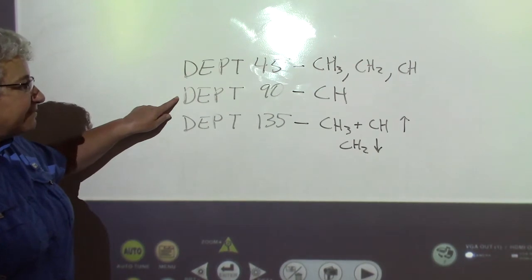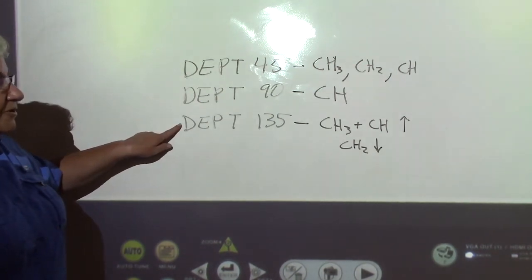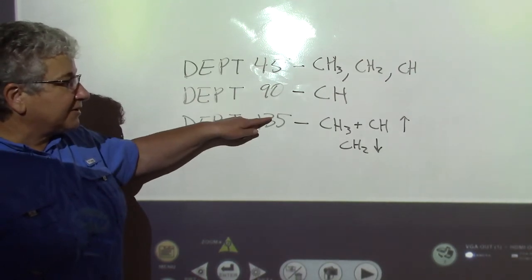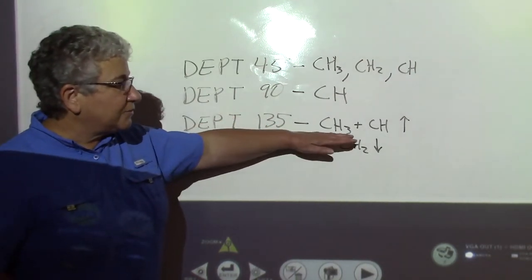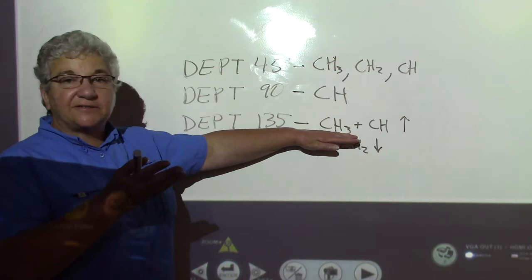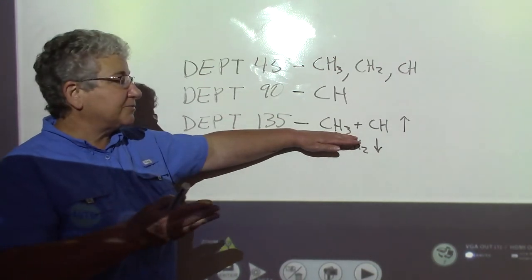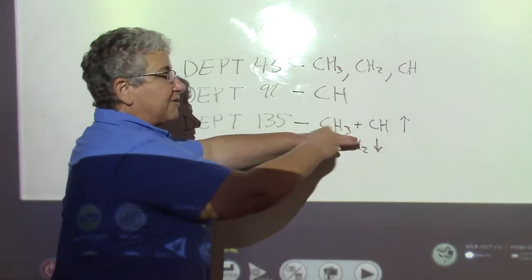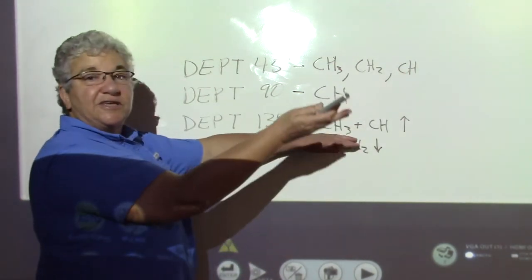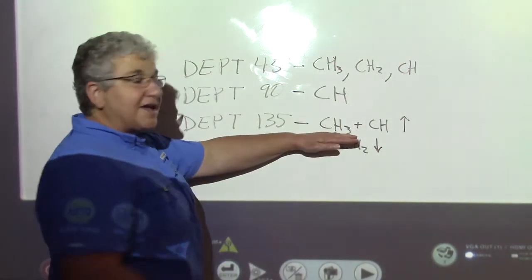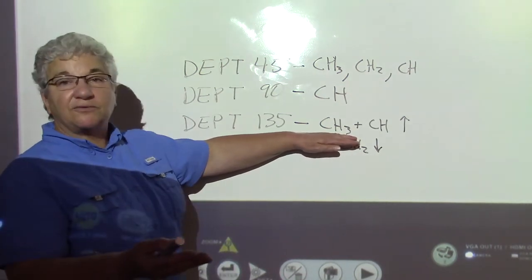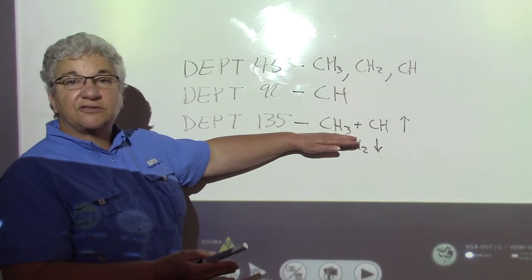Because if you have a DEPT 90 and a DEPT 135, then you can compare these two spectra, and you know that what you're seeing above the axis are CH3 and CH groups, but you only see CH here. So you can easily figure out which of the peaks above the axis are CHs when you compare it to the DEPT 90. So then you also know which carbons are CH3.